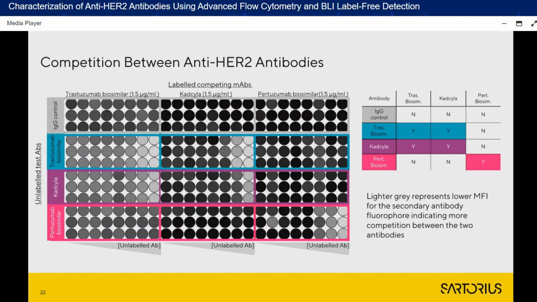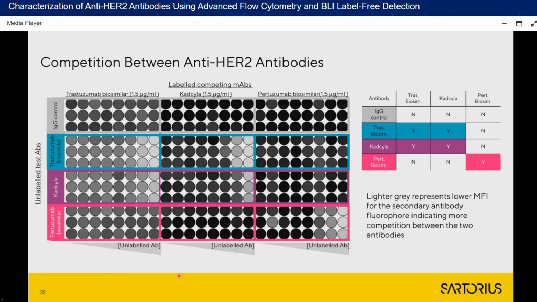And so this is the sort of data that was generated for the anti-HER2 antibodies. So you can see here we've got a single concentration of the labeled antibodies along the top here. And then we've got a range of concentrations of each of the antibodies along here. So essentially we're looking for a lighter grey colour to indicate that competition did occur in those conditions.